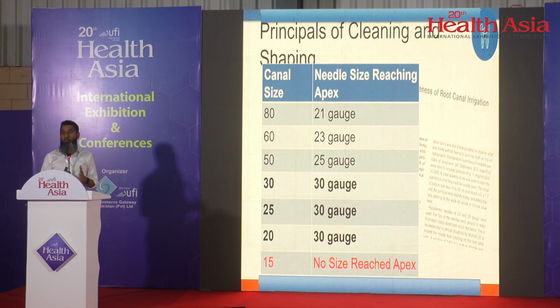So if you're using a wider needle, like commonly a 5 cc syringe or a 3 cc syringe needle we use, that will just remain in the coronal part of the canal. With that syringe, the irrigant will not be able to penetrate into deeper parts of the canal.